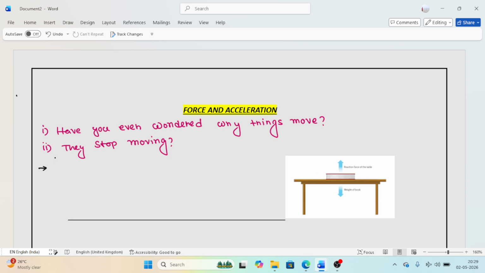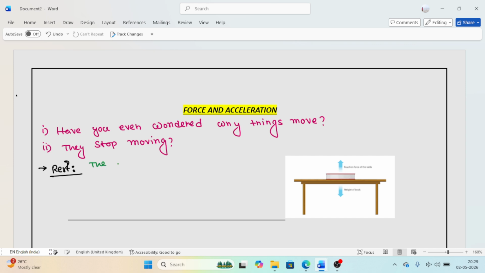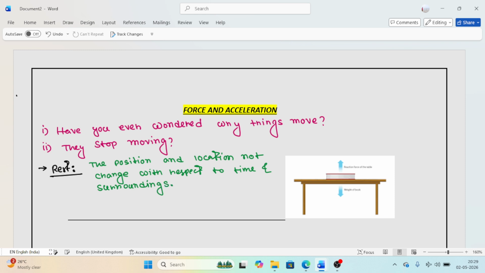So my question is, when you say objects are at rest, when you say the position and location do not change with respect to time and surroundings, then you can say objects are at rest.